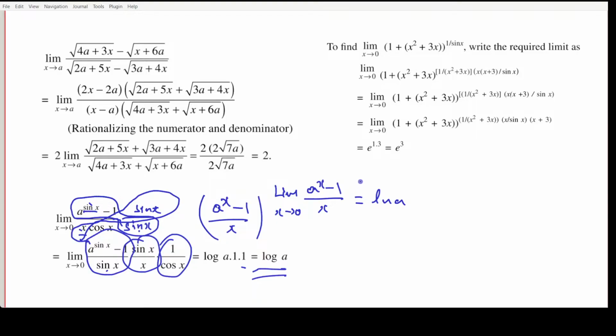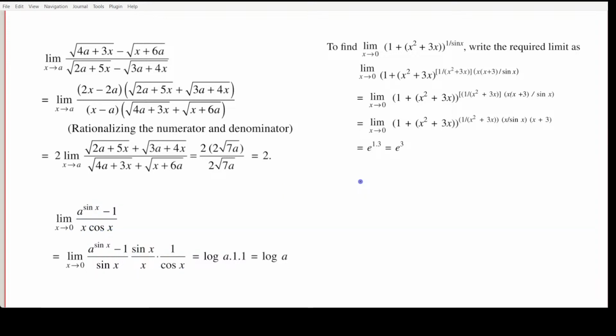Okay, cool. So next one, here we have to find out what exactly the limit is. If you observe, this is actually in the format of 1 plus x whole power 1 by x when x tends to 0, because this part is 0. Now we want to bring this into that format. How do we do this?